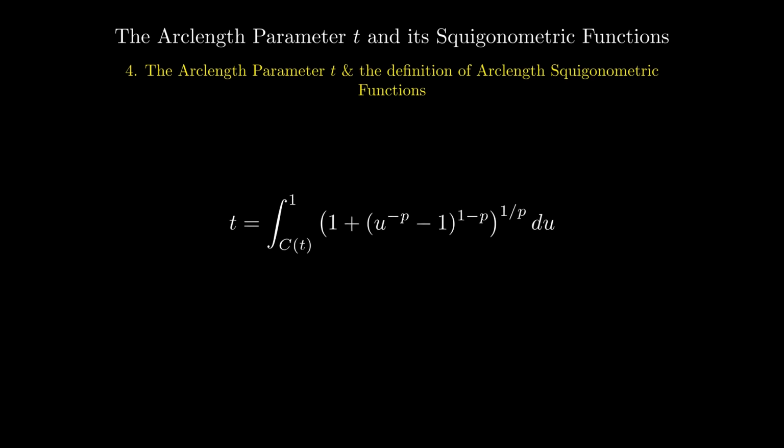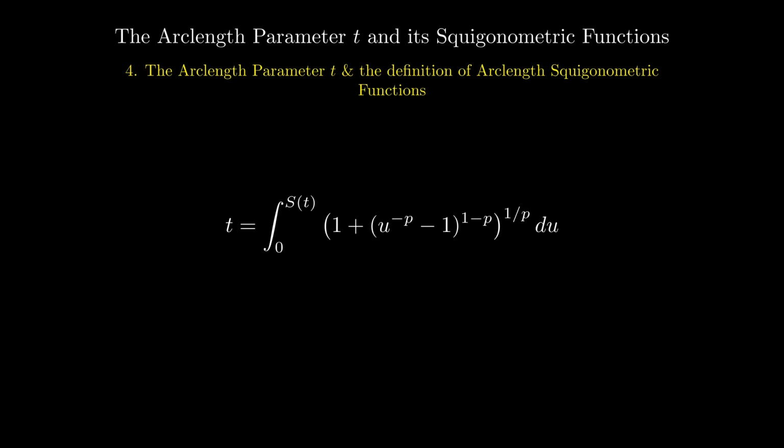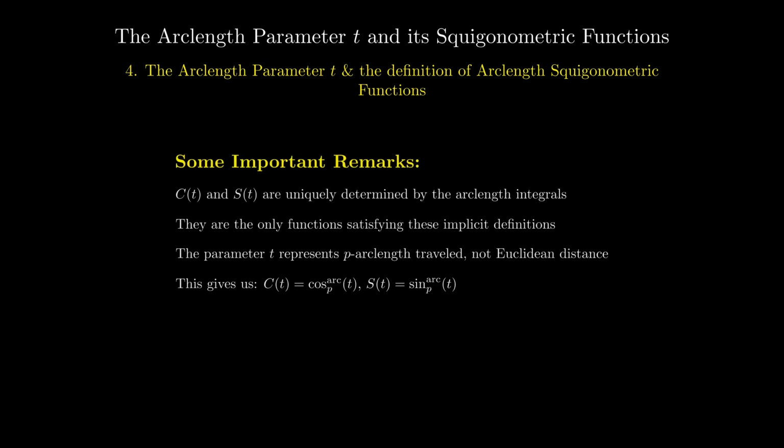We can also use ds to go ahead and define the Arclength squigonometric functions. Have a read through this explanation, but we'll have a more detailed look at them in Desmos in a couple of moments. Just a few remarks here.